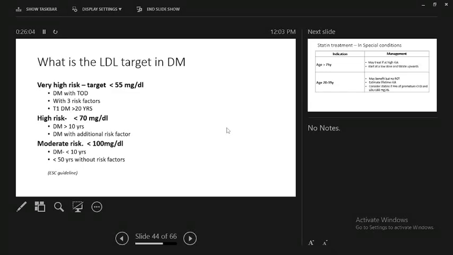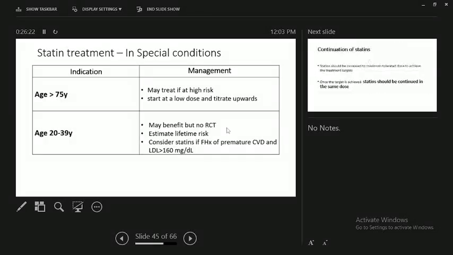For high risk patients, diabetes more than 10 years, or diabetes with one additional risk factor, the target is less than 70, and for moderate risk less than 100. So for all diabetics, the target should be less than 100. Remember that you need to give at least a moderate intensity statin for all diabetics, unless they have a very, very low risk.